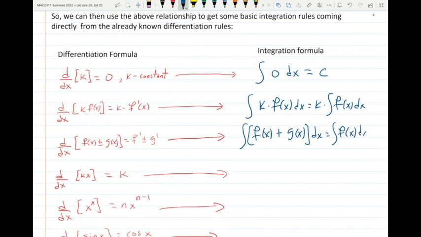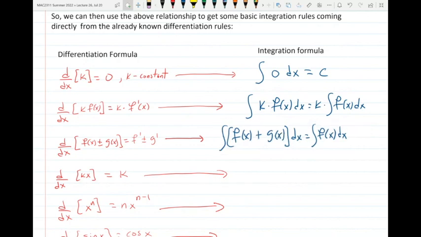So it's the integral of f of x plus the integral of g. And if you have a difference, you also have a difference here. So the integral distributes over addition and subtraction.